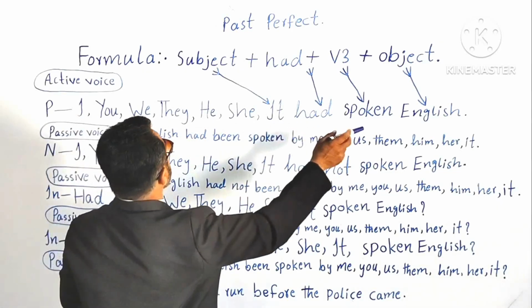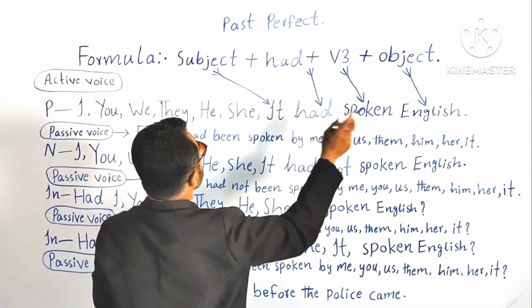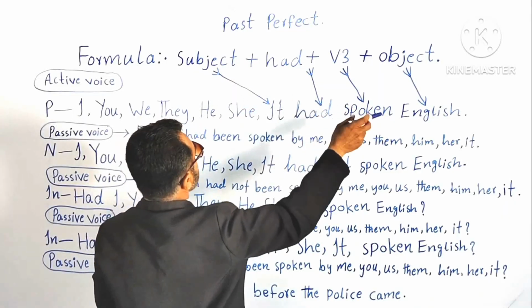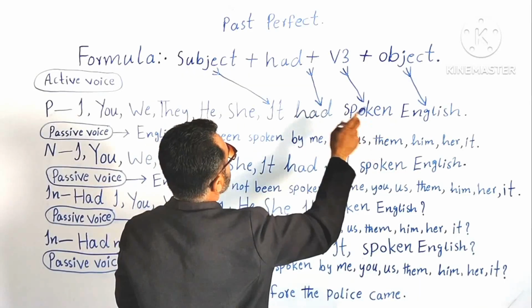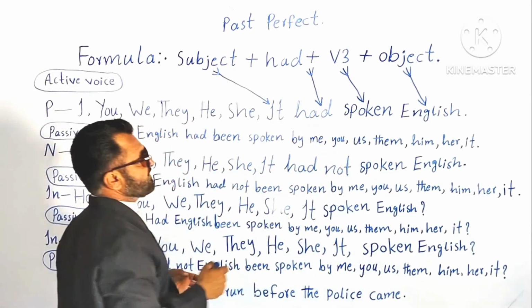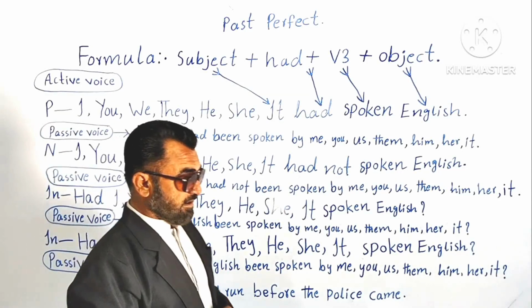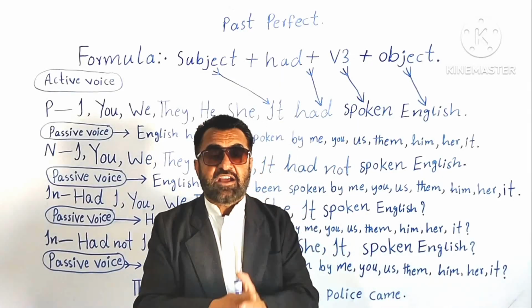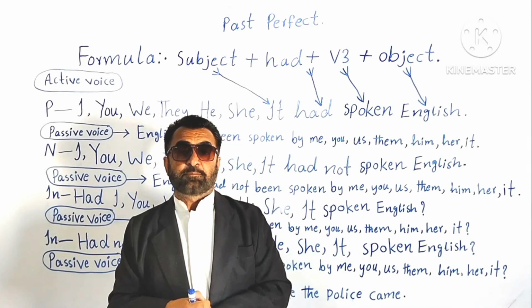I had spoken English, you had spoken English, we had spoken English, they had spoken English, he had spoken English, she had spoken English, it had spoken English, Ali had spoken English. Understood? This was your active voice. Now let's know a little bit about the passive voice sentence. Okay, passive voice.